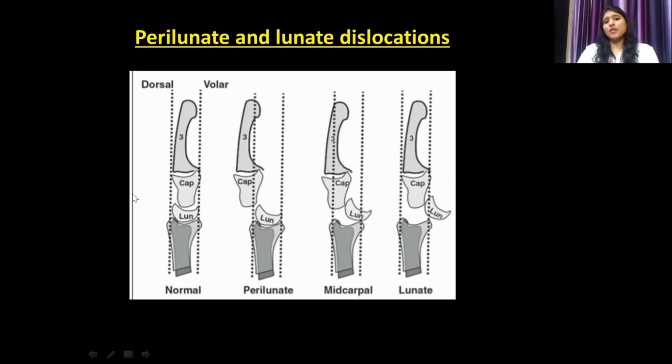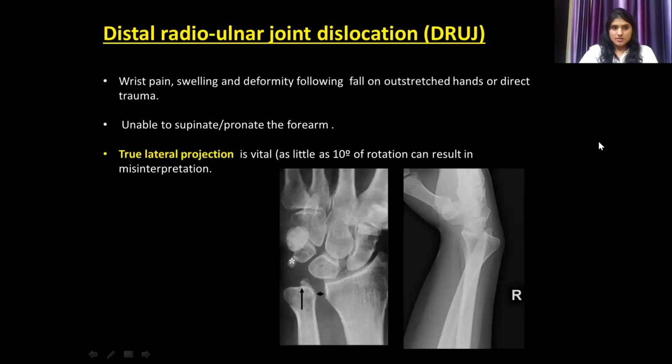So perilunate and lunate dislocations are assessed based on lateral views, where any disruption in the collinearity between the third metacarpal, the capitate, the lunate, and the distal radius should make us suspicious for any of these types of dislocations.